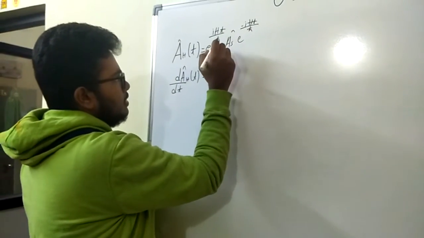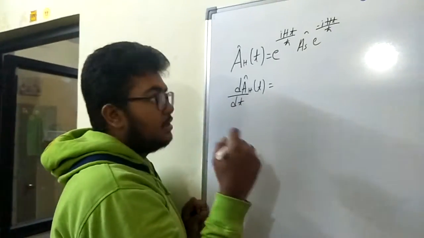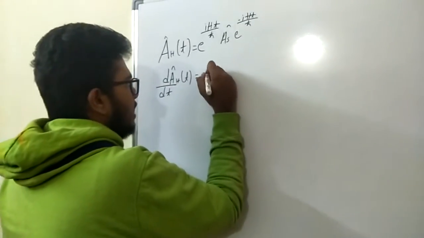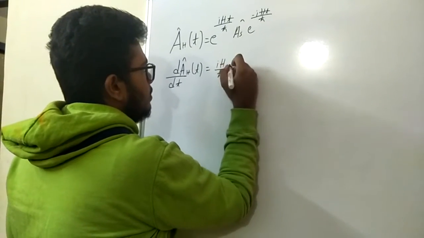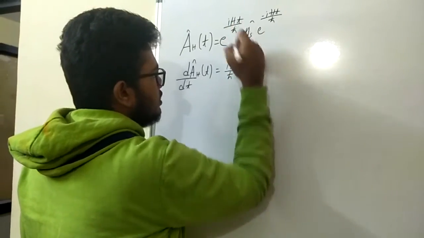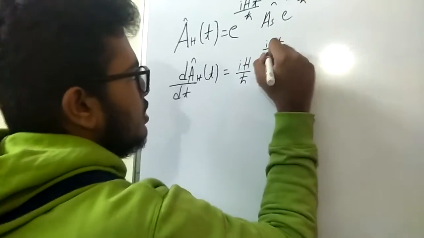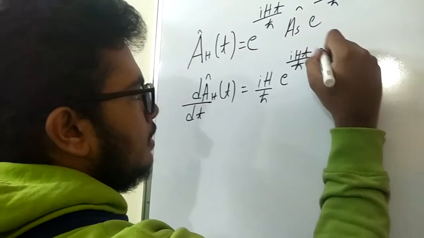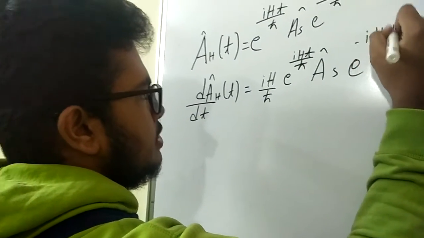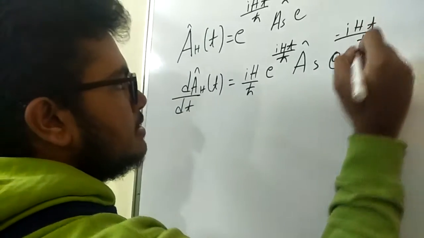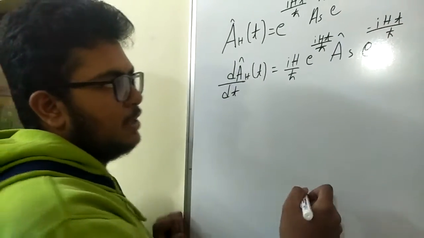So i, H and h bar would come down because we assume that H is time independent. Hence we have iH over h bar times the exponential as it is, so we have e to the iHt over h bar, A_S, and this is the operator in the Schrodinger representation.